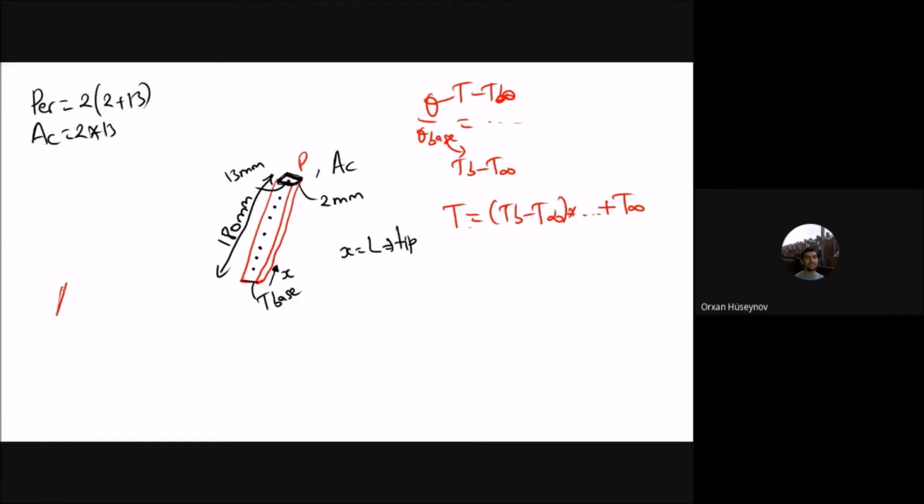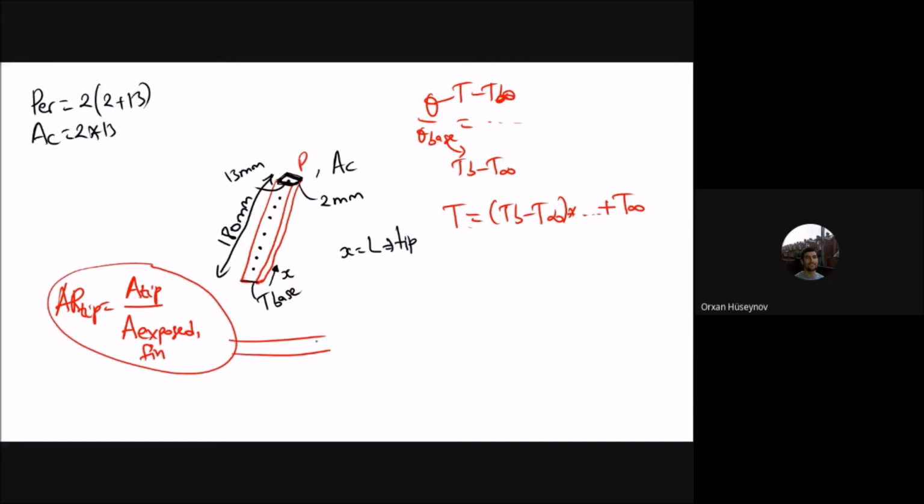So it is called AR tip. It is the ratio of the tip cross-sectional area divided by the area of the fin exposed to convection. If this ratio is very, very small, then we can approximate this as an adiabatic tip.